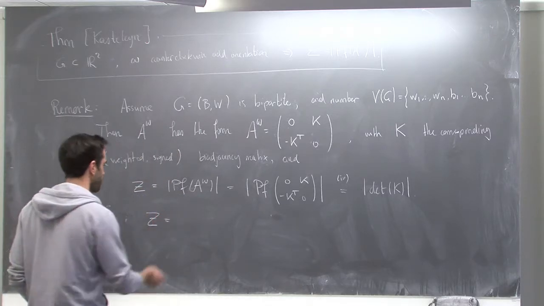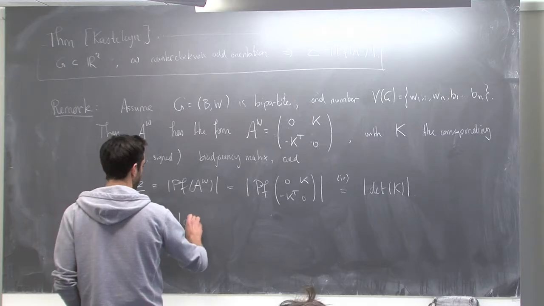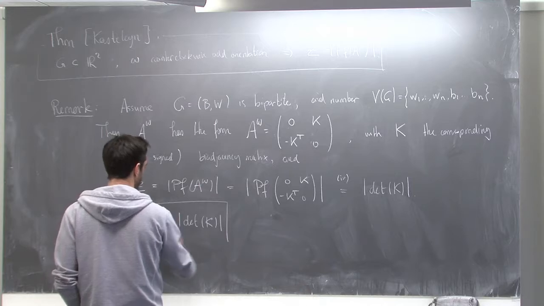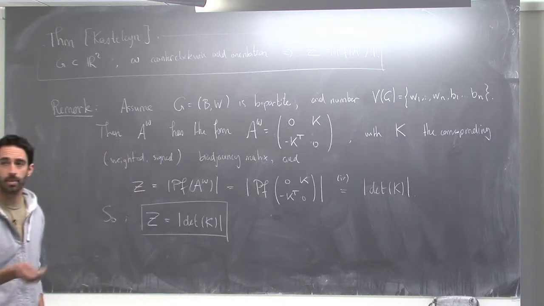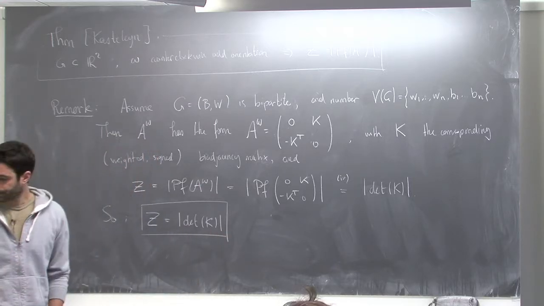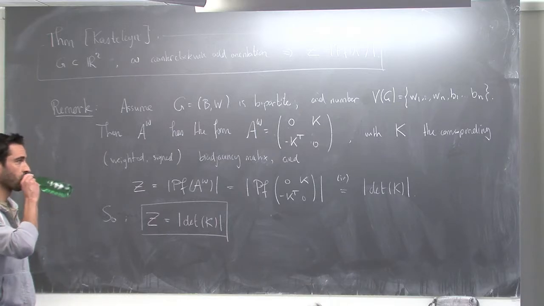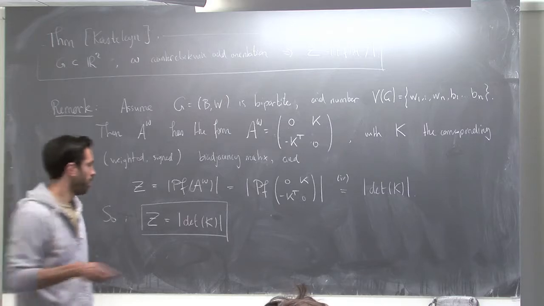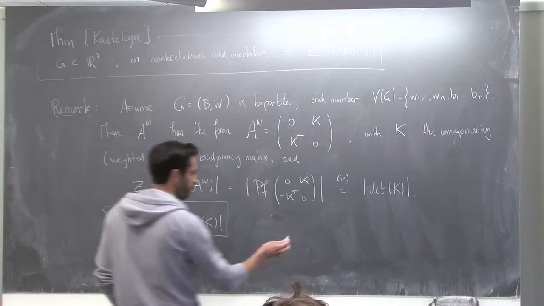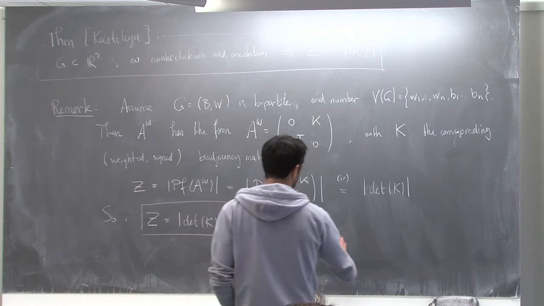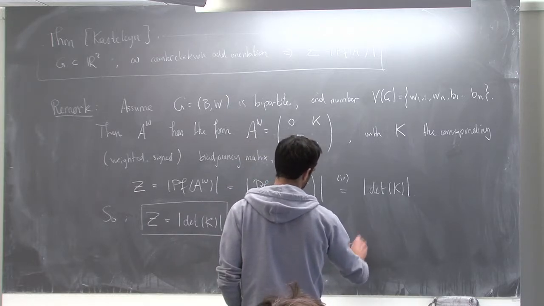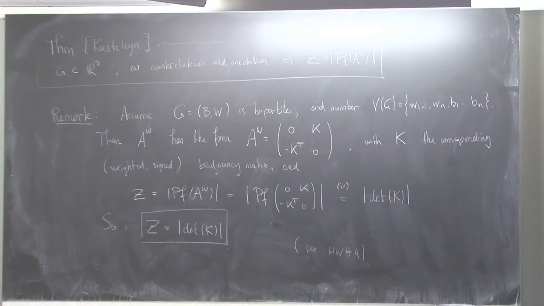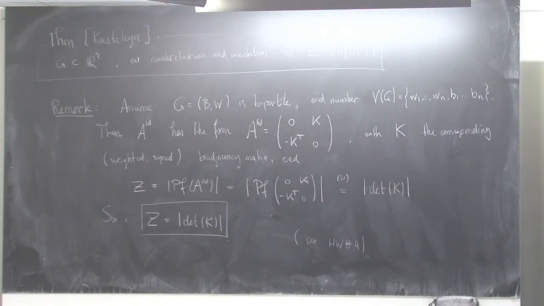In the bipartite case, we simply have that the partition function is given by the determinant of a signed bi-adjacency matrix. And you have some examples in homework.